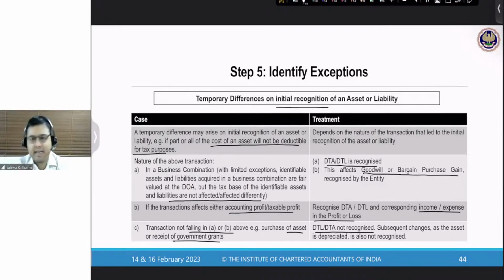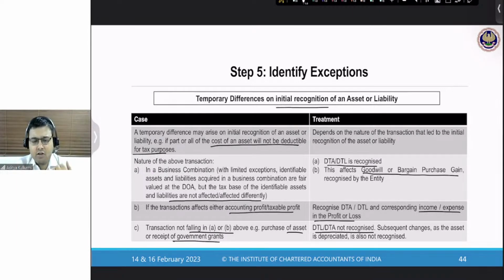So that is a capital asset which is a personal effect and hence excluded from the scope of the income tax capital asset definition. Those are the cases which we are talking about in point C.